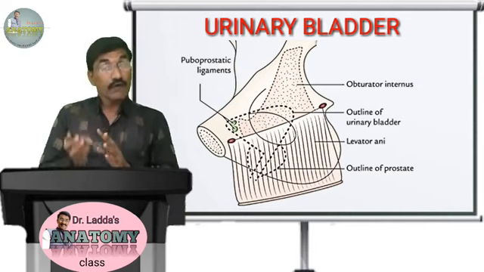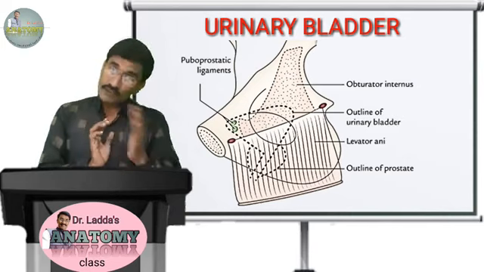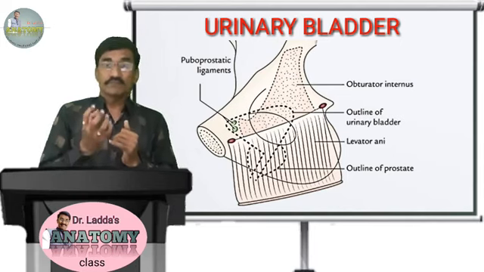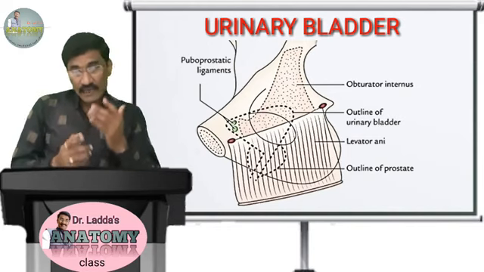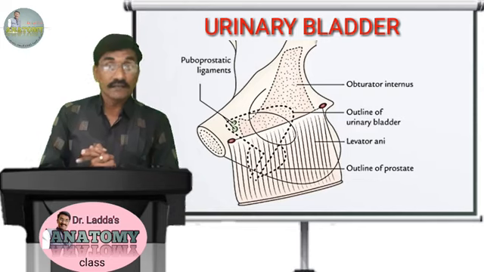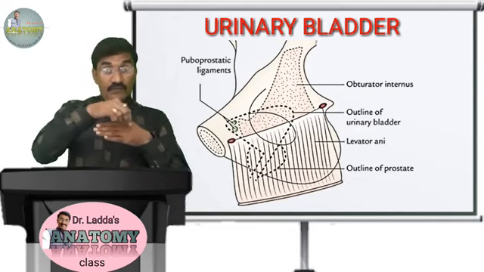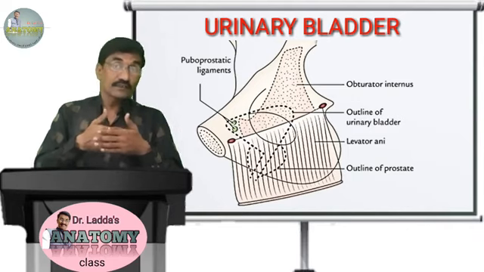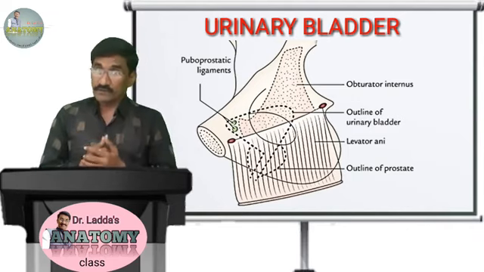These two ligaments, and now there are two muscles which are common in both male and female. Those two muscles are levator ani, and second is obturator internus. From inside of the obturator foramen there is one muscle taking origin, and that is called obturator internus muscle.